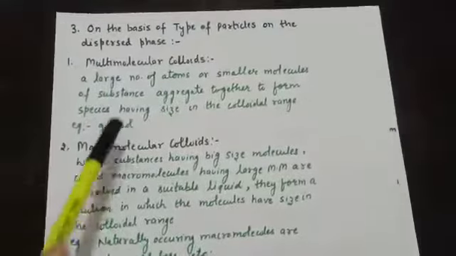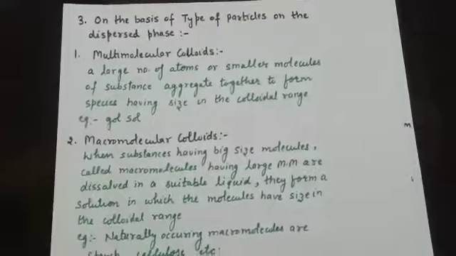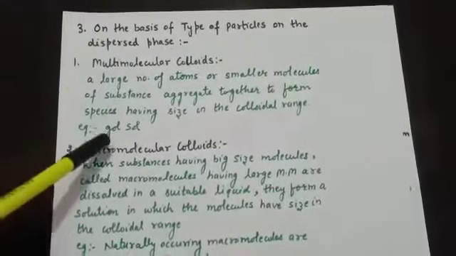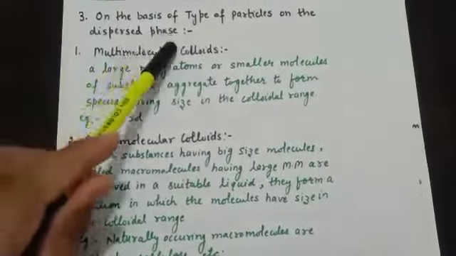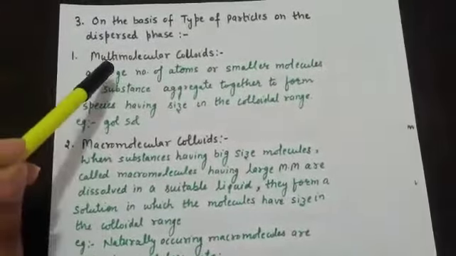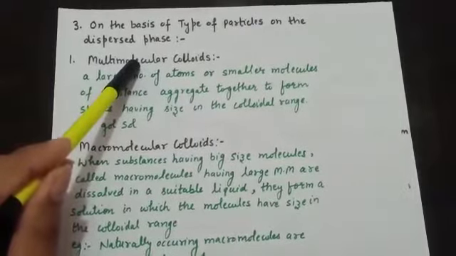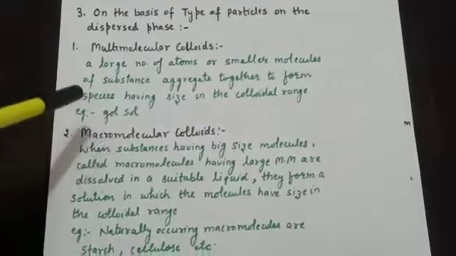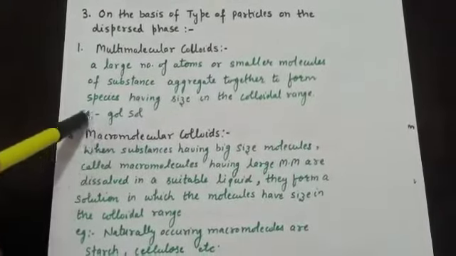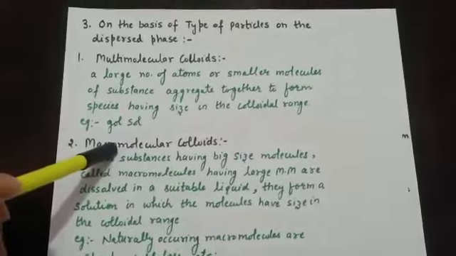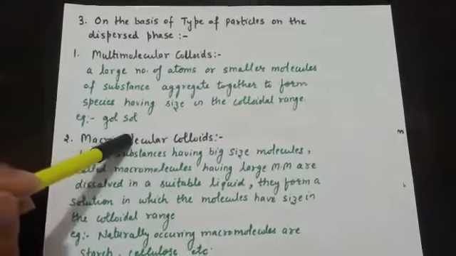So on the basis of the type of particles of the dispersed phase, we have three types of colloid: multimolecular colloid, macromolecular colloid and associated colloid. In multimolecular colloids, a large number of atoms aggregate so that the size of the particles lies between 1 nanometer to 1000 nanometer. In macromolecular colloids, the macromolecules break themselves in a suitable dispersion medium so that the size of the particles lies in the colloidal range.